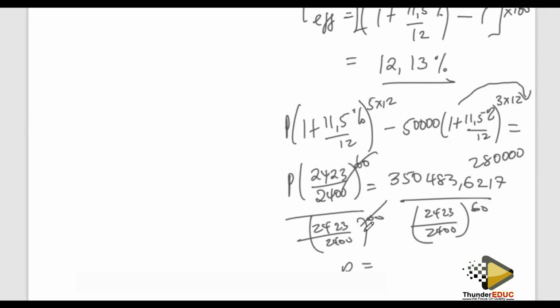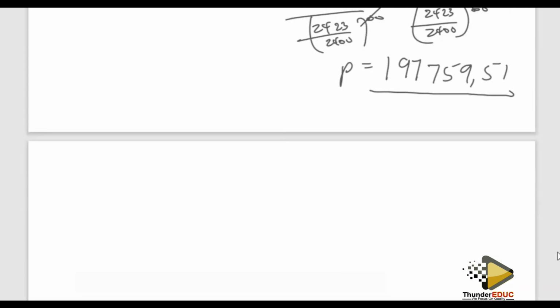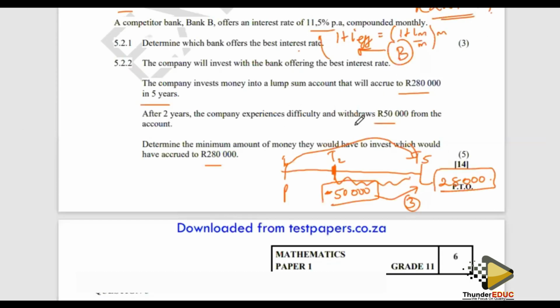That is giving me 197,759.59. So this is how much was invested, 197,759.59. All right, guys, so that is question number 5, the finance part.